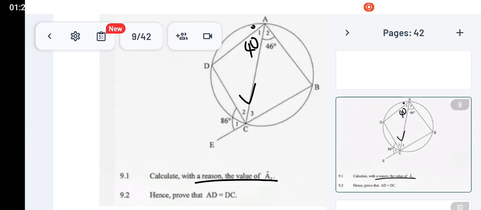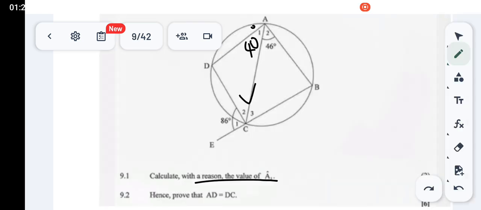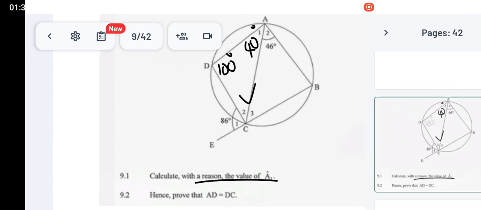So now in triangle ADC, we have two known angles, angle D, which is 100 degrees, and angle A1, which is 40 degrees. What are we looking for? C2. How can we try to find C2? Sum of angles of a triangle, which says that all angles in a triangle sum up to 180 degrees.